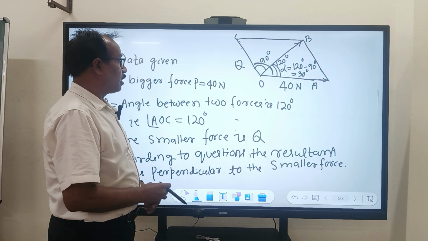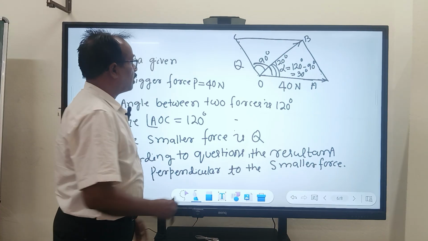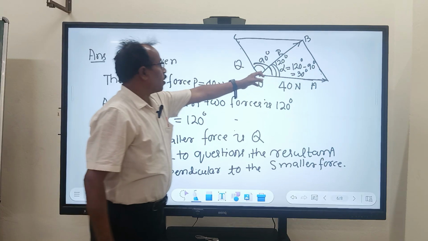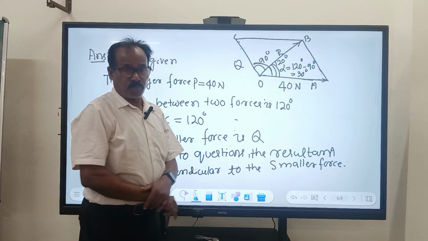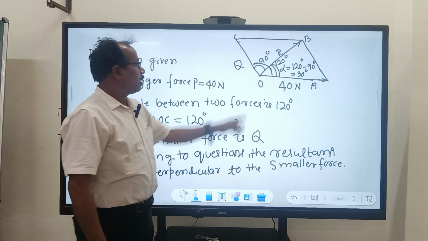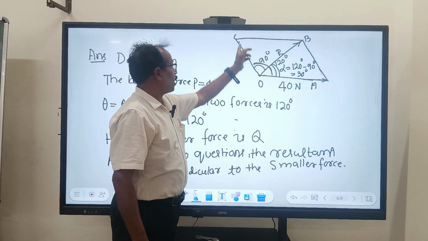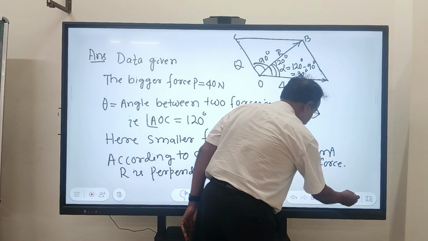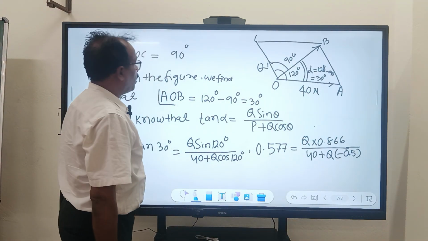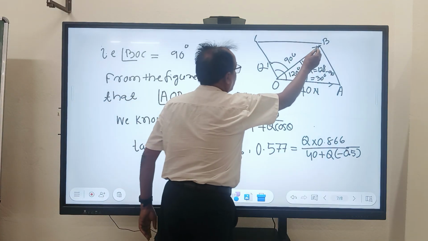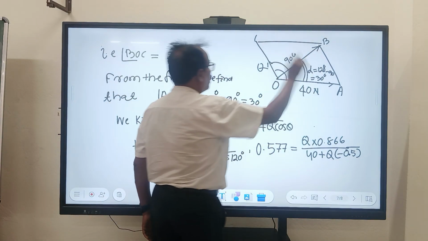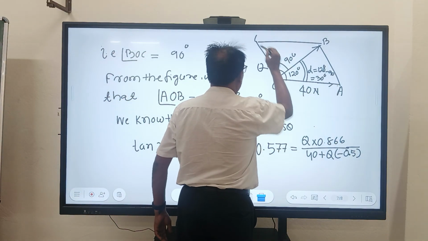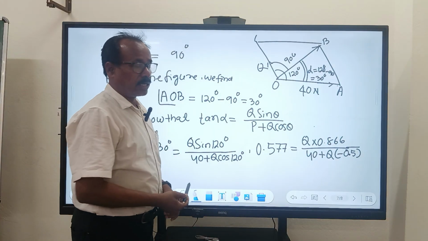According to the question, the resultant R is perpendicular to the smaller force Q. Then BOC is equal to 90 degree, and AOC is equal to 120 degree.